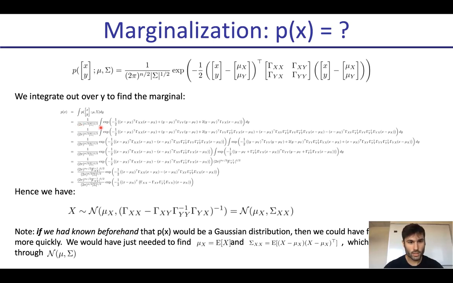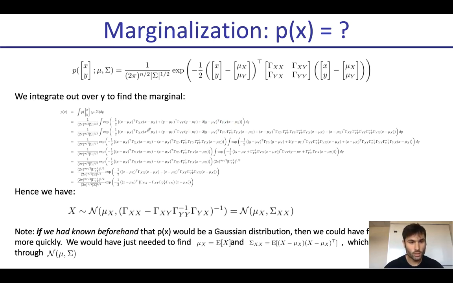The first line over here is just expanding out the PDF, and we essentially discover that we have this term that just depends on x, this term that just depends on y, and this other term that depends on x and y.